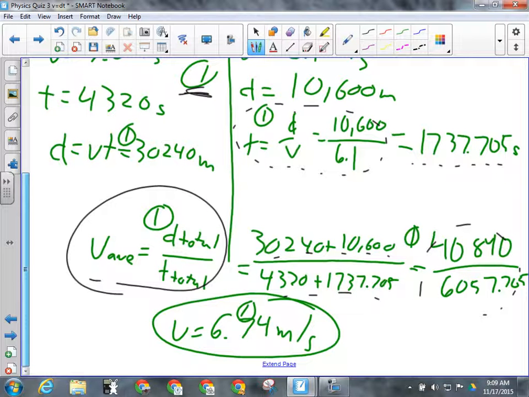We add because distance is scalar, the 30,240 and the 10,600. Of course, we weren't given direction anyway. 4,320 plus 1,737 for the total time. That gives us our totals there. And then for their seventh and final mark, the average speed of the runner is 6.74 meters per second. If they only had like 6.7, that's fine. They did it right then.